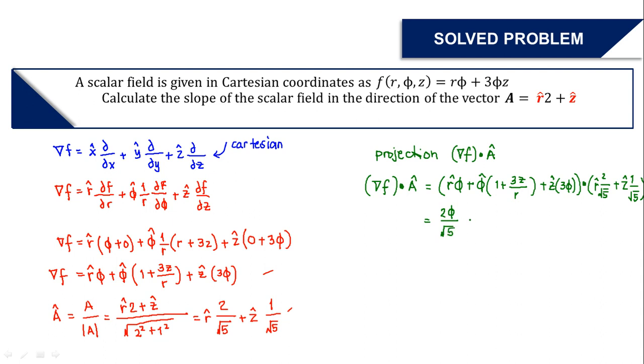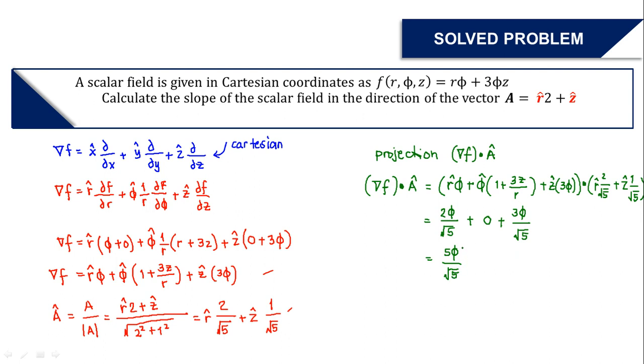Tama? Yan. Plus, sa phi naman is actually 0 yan. 0. Kasi wala namang partner. Plus, the z naman is 3 phi over the square root of 5. Right? Therefore, simplifying this, we now have 5 phi over square root of 5.